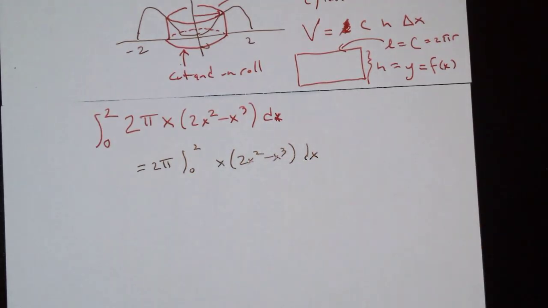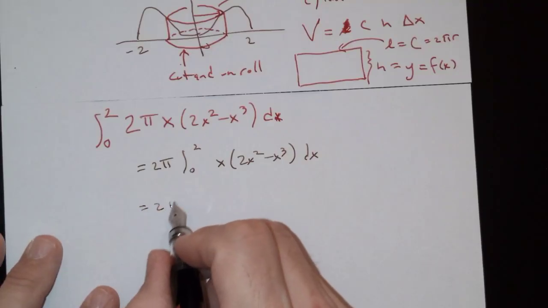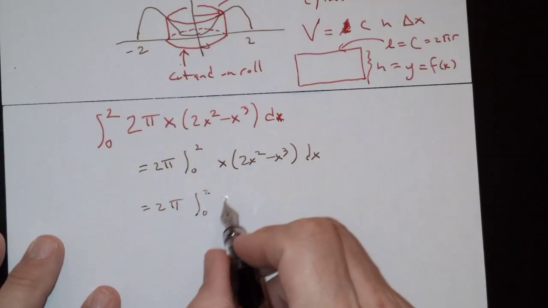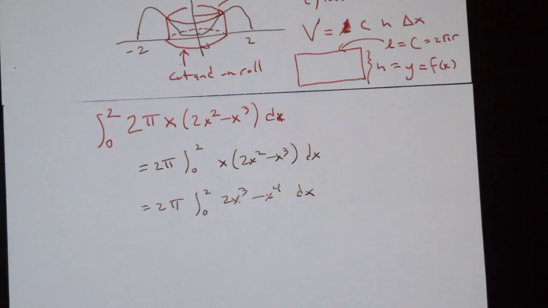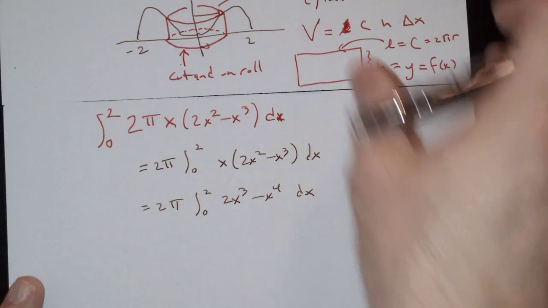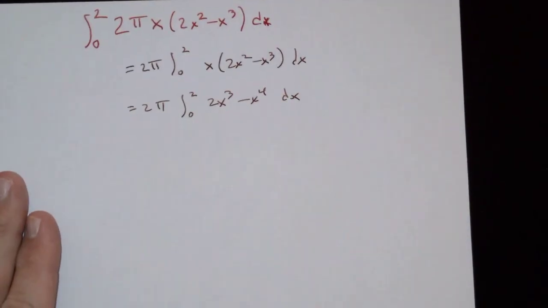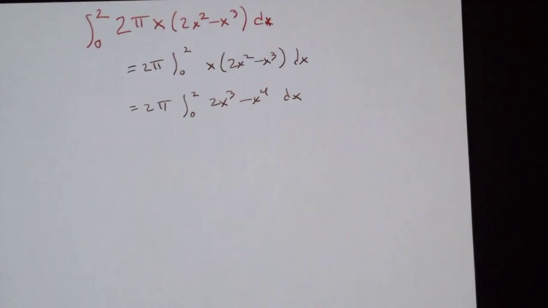Take that extra x, multiply it in. And the resulting integral is all power rule. And power rule integrals are fairly straightforward.